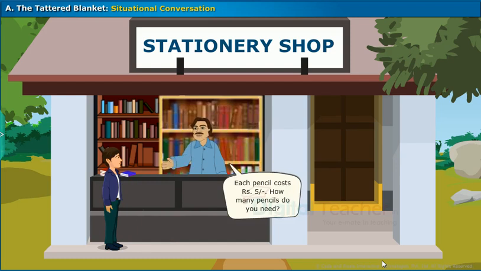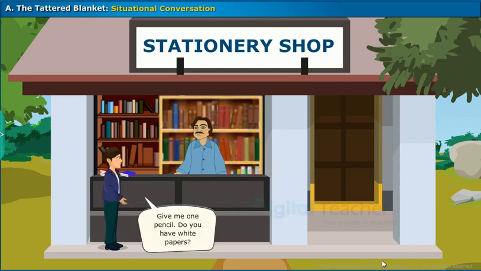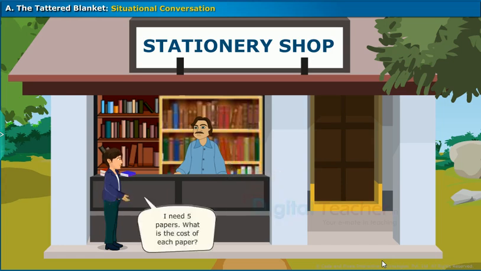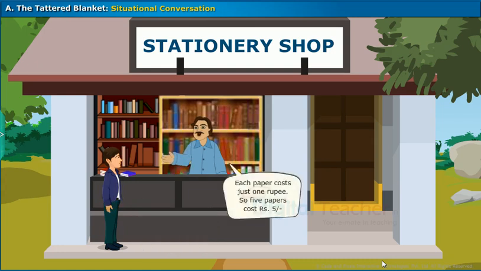How many pencils do you need? Give me one pencil. Do you have white papers? Yes, I do have. How many white papers do you want? I need 5 papers. What is the cost of each paper? Each paper costs just ₹1. So 5 papers cost ₹5.